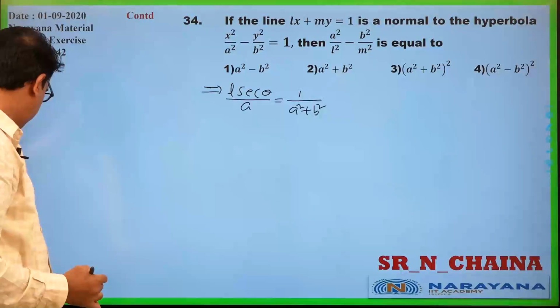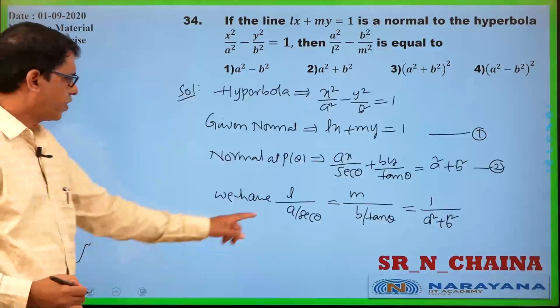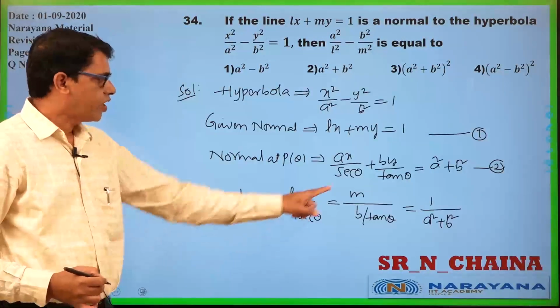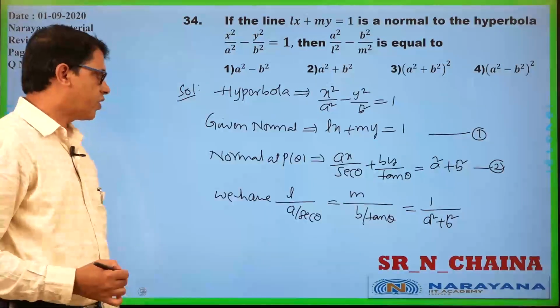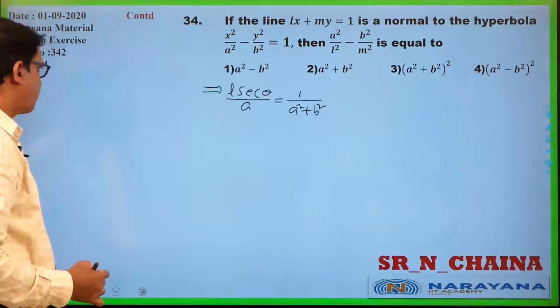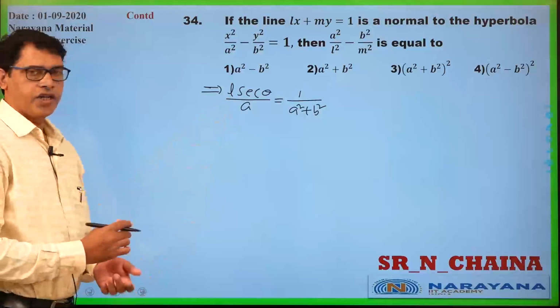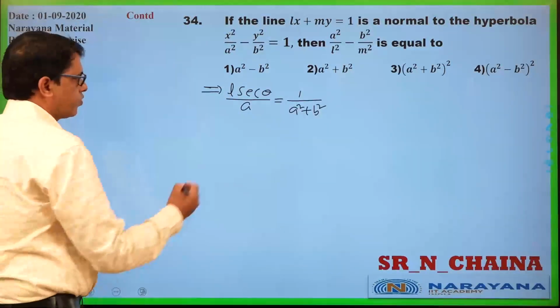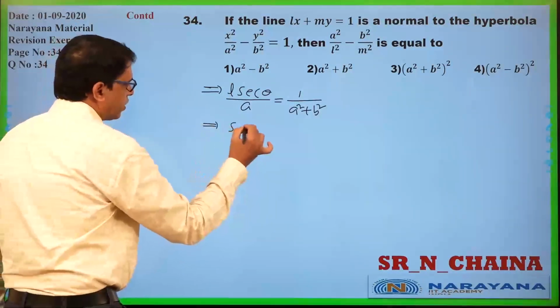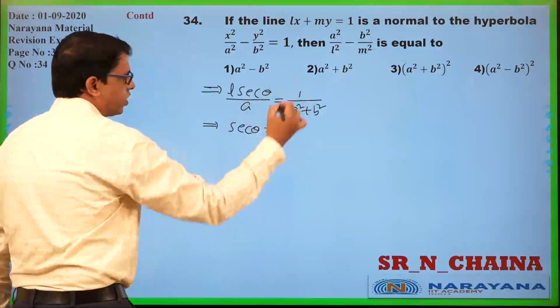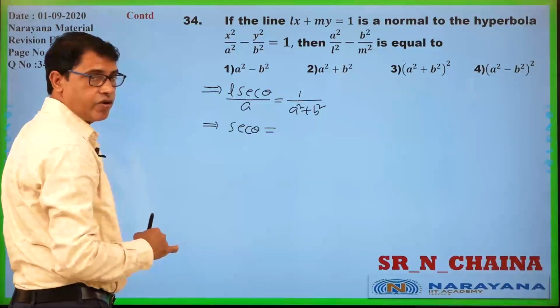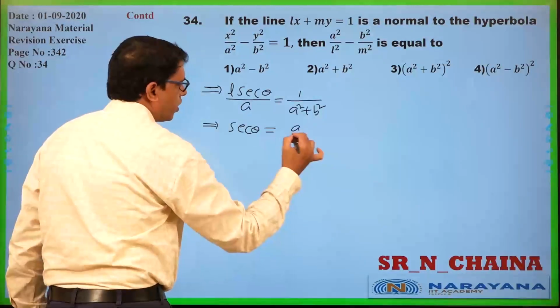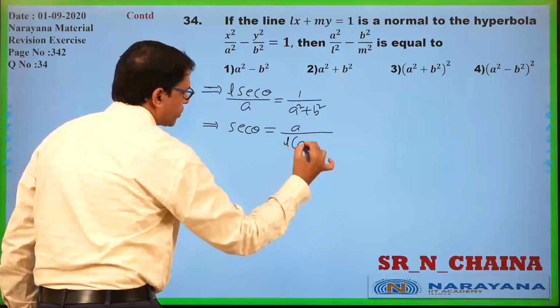Is it right? From this one derive the value of secant theta. Taking L by A to the other side, secant theta equals A upon L into a square plus b square.